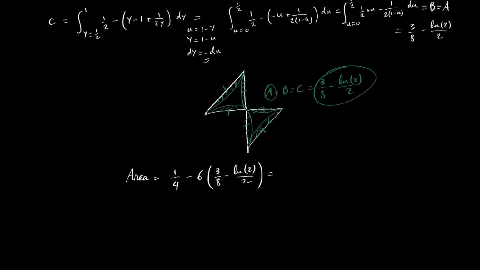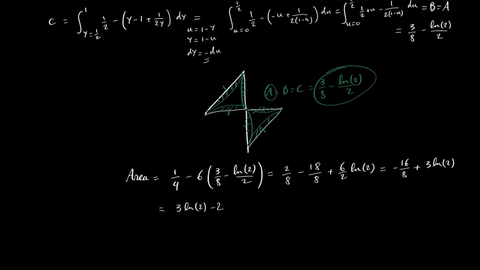And this is equal to 2 divided by 8 minus 18 divided by 8 plus 6 divided by 2 logarithm of 2, which is equal to minus 16 divided by 8 plus 3 logarithm of 2. And this is equal to 3 logarithm of 2 minus 2.